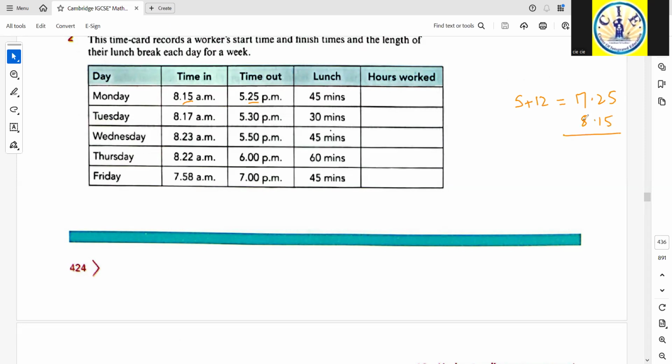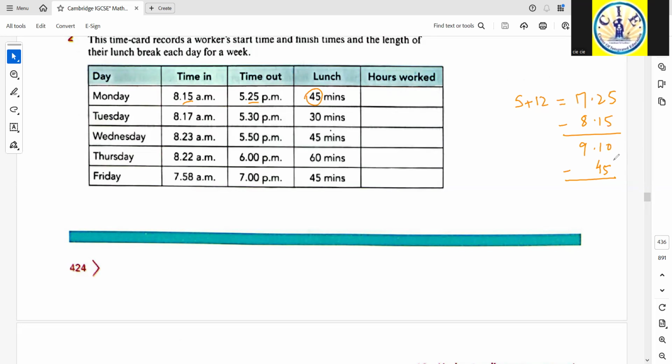Solving them by subtraction, this is 9 hours 10 minutes. And since there was a lunch break of 45 minutes, we need to subtract this 45 minutes from this 9 hours and 10 minutes stay at the workplace.